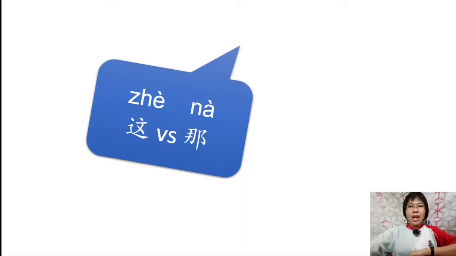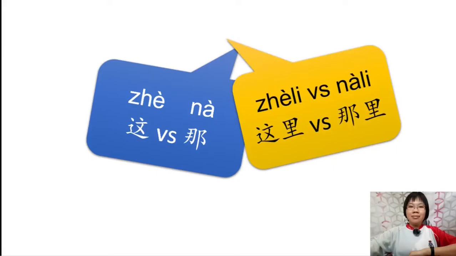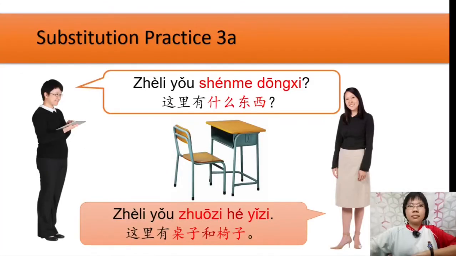这那 And now we're going to look at 这里那里 here and there. Example, 这里有什么东西？这里 sini 有 ada 什么 apa 东西 barang 什么东西 barang apa. What do we have here? In order to answer, just replace 什么东西 with your answer.